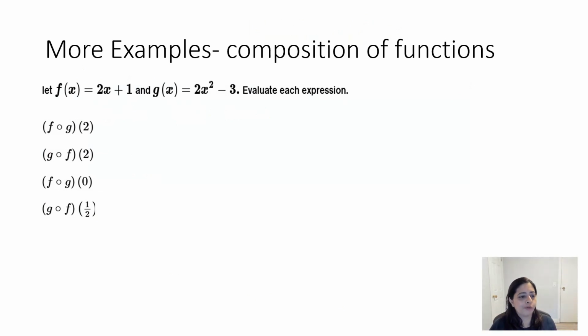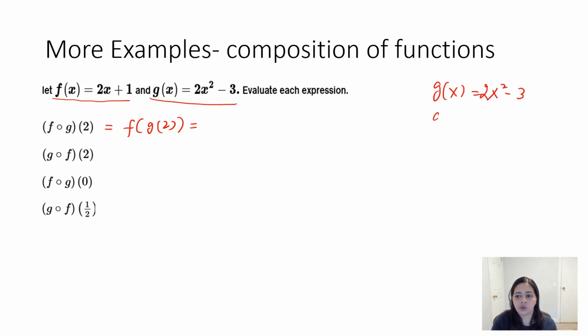Here also we have to find composition of functions at specific points. You are given f(x) is 2x plus 1, you are given g(x) is 2x squared minus 3. So to evaluate f of g at 2, first evaluate g of 2. g(x) is 2x squared minus 3. What is g of 2? 2 times 2 squared minus 3.